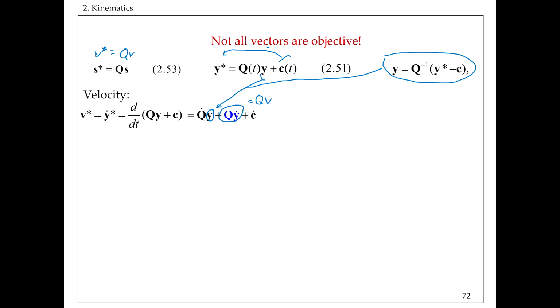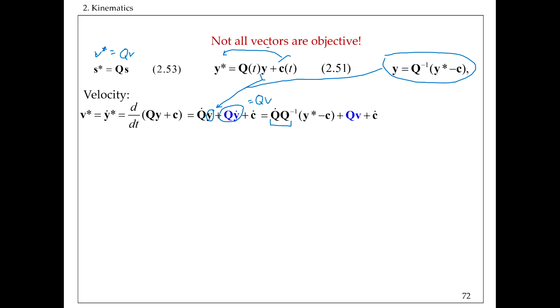But we also have these extra terms, and only if these extra terms are zero can we say that the velocity vector is objective. They don't allow us to claim objectivity unless they are zero. In general they are not, and here we can also introduce the so-called spin of rigid body motion, q dot q minus 1, which can be written.